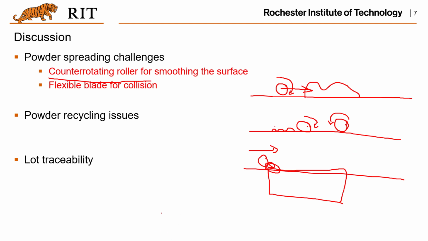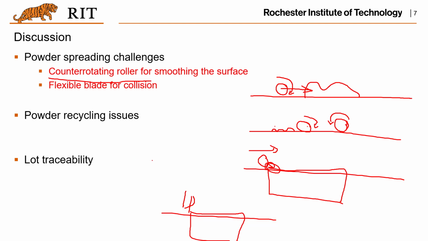Let me draw another illustration. This is the deformed part, right? And there's a blade. Because the blade is flexible, when it contacts this part, it could be deflected like this. Then you can still move the blade without starting over. So that's why a flexible blade is adopted to avoid the collision.